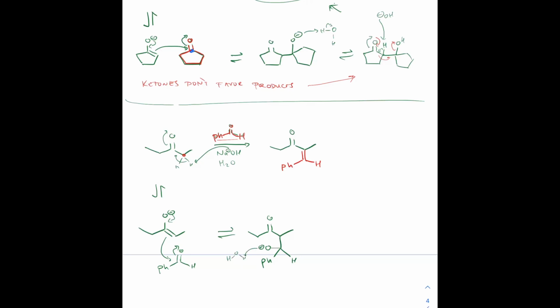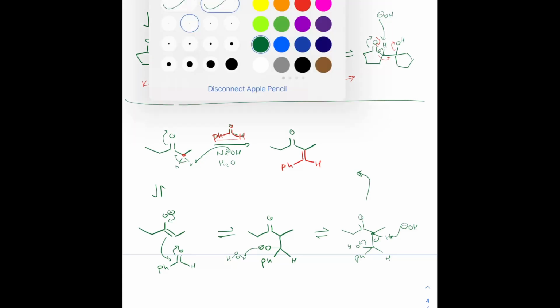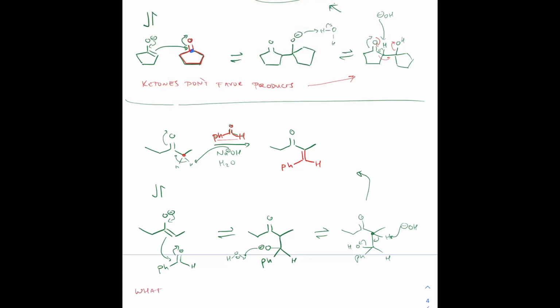After protonating the oxygen with water, the additional base can remove that alpha hydrogen and eliminate the hydroxide to form this alpha beta unsaturated ketone product. Again, I've highlighted them in red just to show you how the two come together.